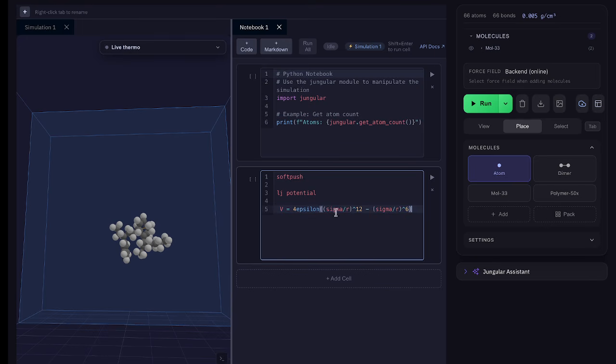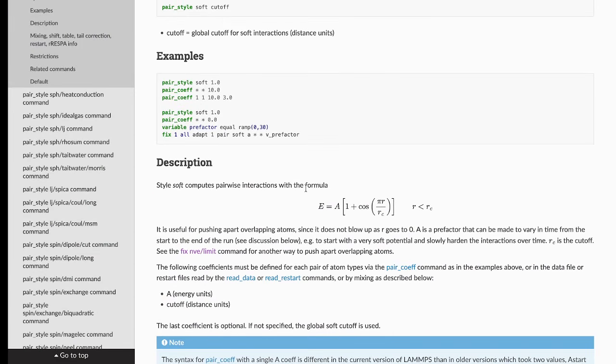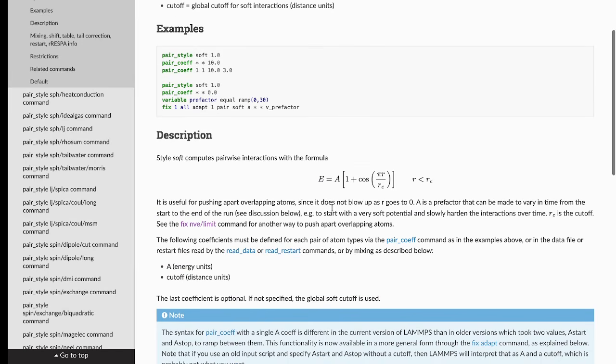Let us jump to the LAMMPS documentation and see the definition of this soft potential. Here is the formula. It has three parameters: A is a prefactor that we can change depending on different times, r is the distance between atoms, and rc is the cutoff distance.